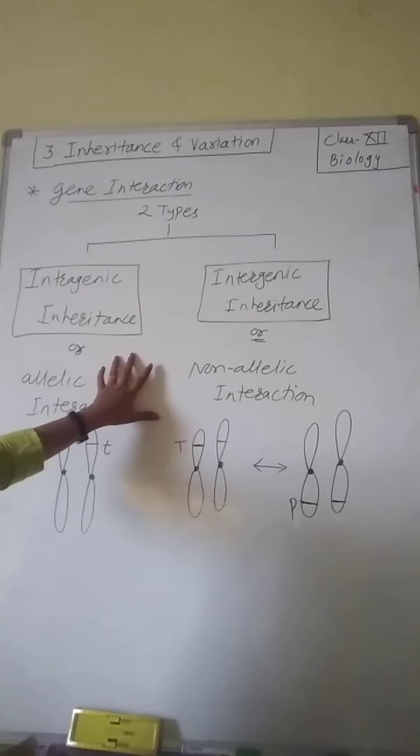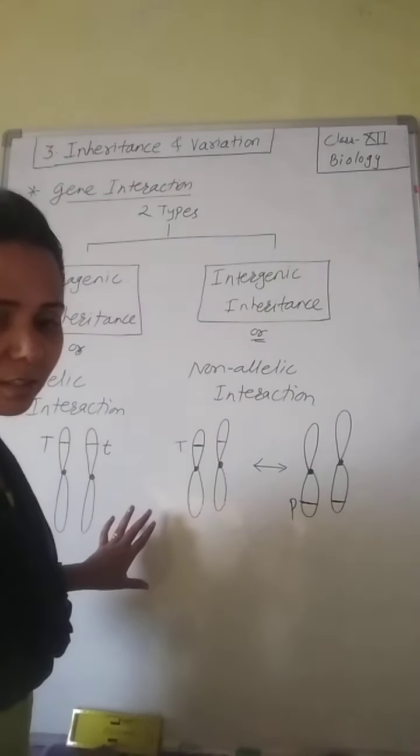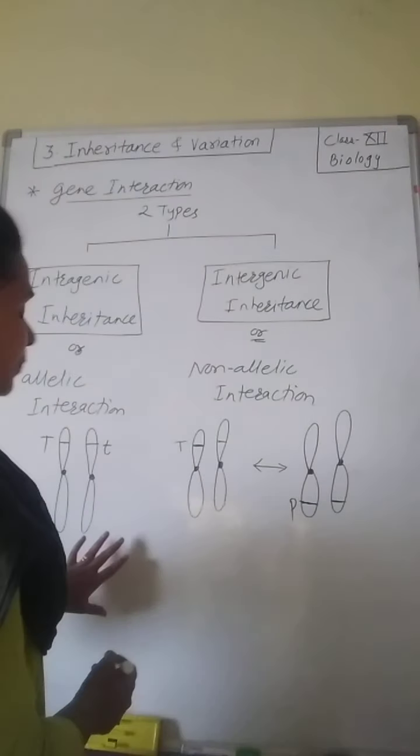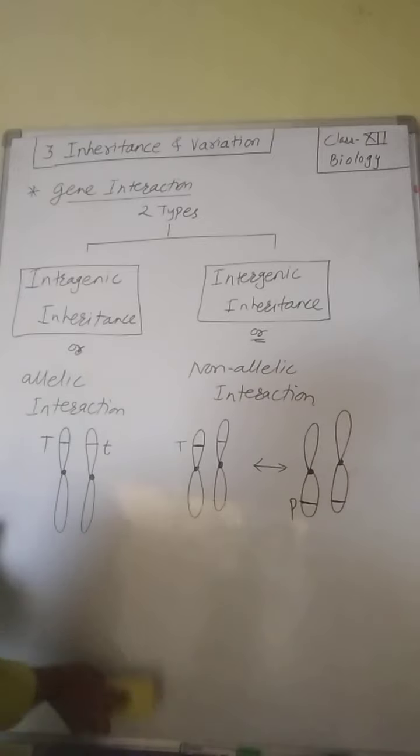Examples of intragenic inheritance are dominance, incomplete dominance, and codominance. So we can write down the examples here.